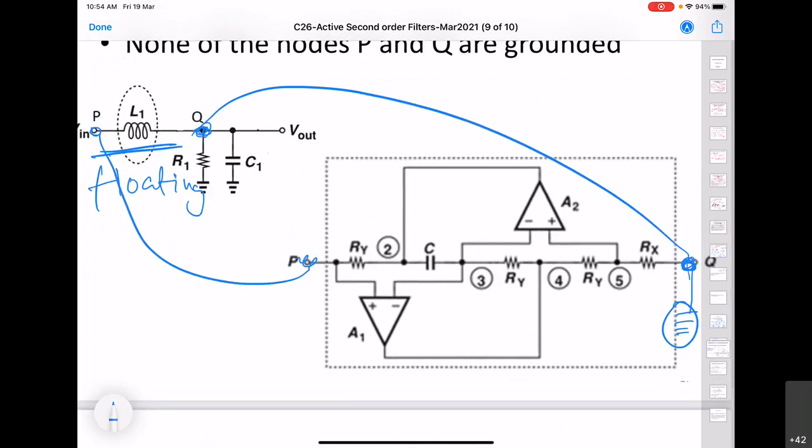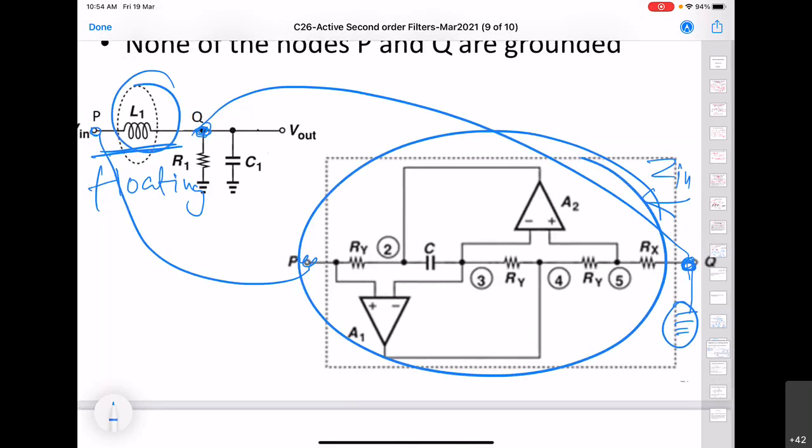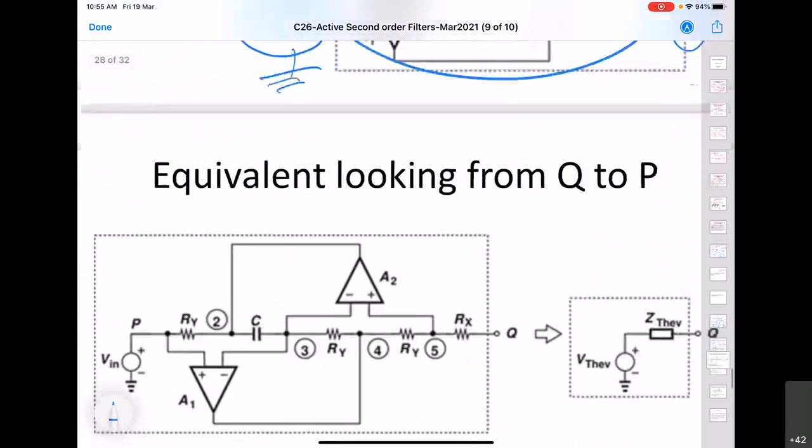So for that, we will see what is the impedance looking from Q towards this, because when this circuit is substituted here in place of the inductor, this will be driven by V in, right? And we have to see that from the Q point, it should behave like an inductor. Then only this substitution will be valid.